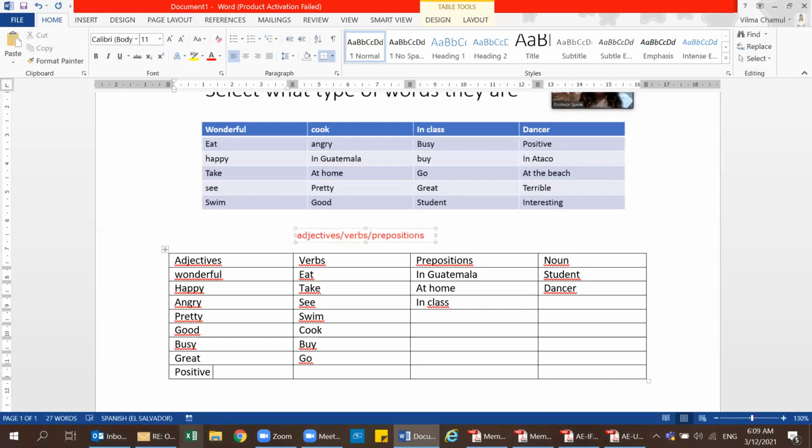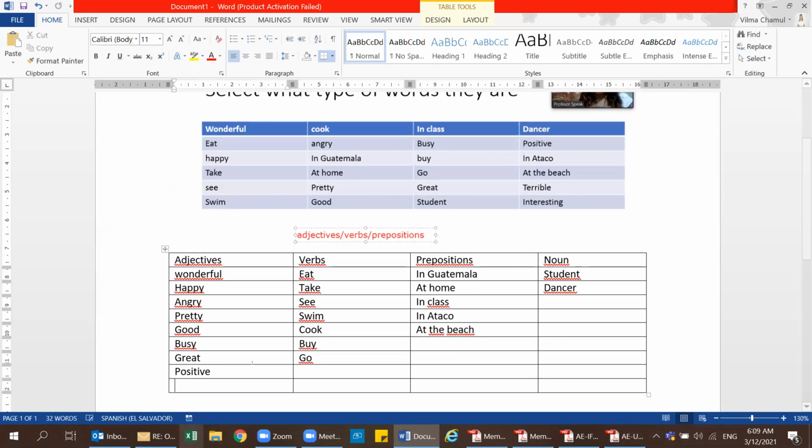Positive is an adjective. In a taco is a preposition. At the beach, preposition. Terrible is a preposition? No, adjective.